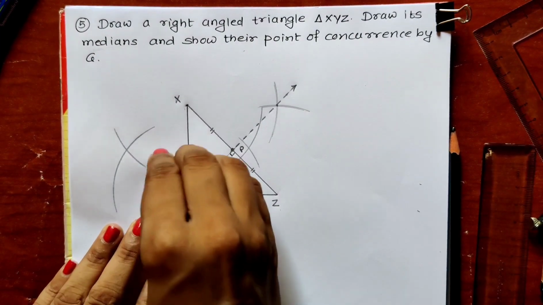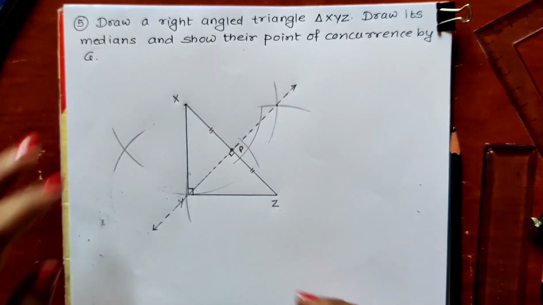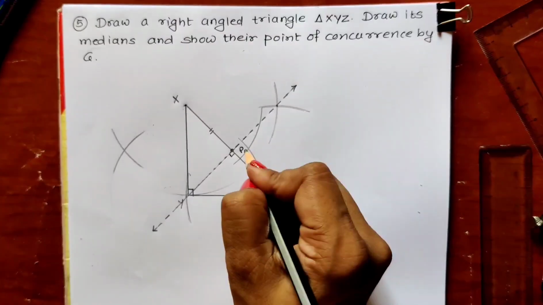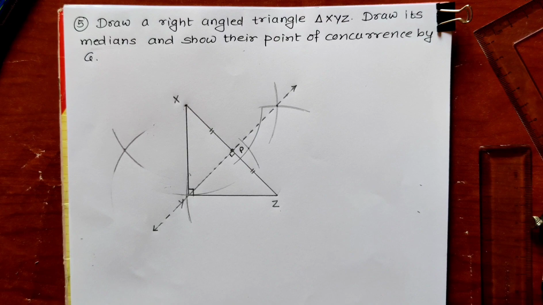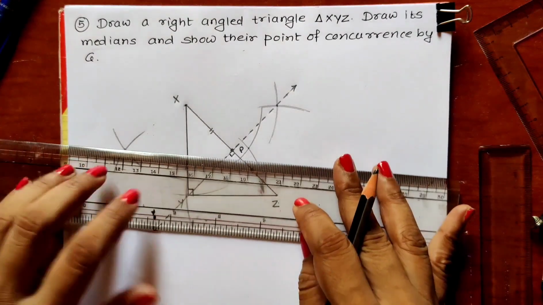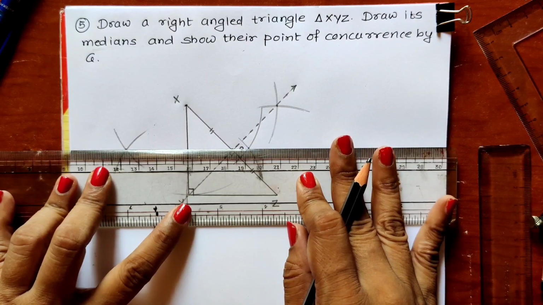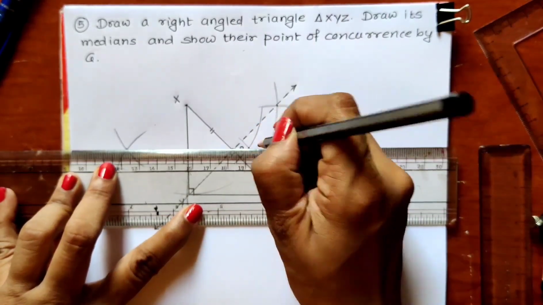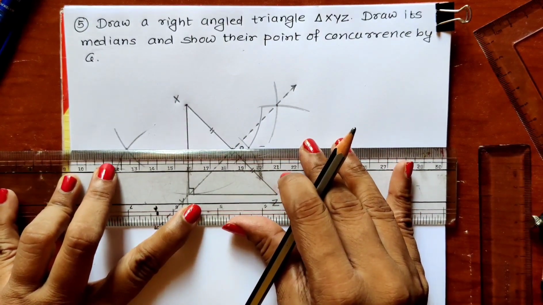We can rub out the extra portion of these arcs in this way, and then make these points dark, the points of intersection of arcs, so we can draw the perpendicular bisector. Very carefully we have to draw this.